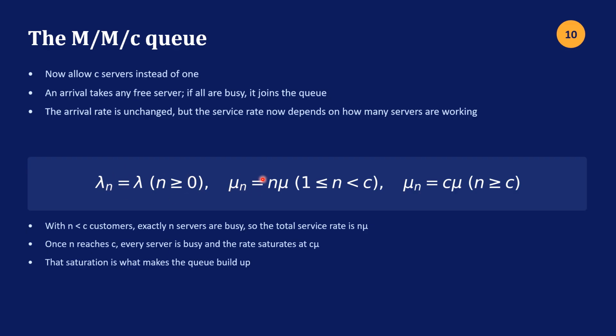The death rate, so to speak, is n times mu, when n is between 1 and less than c. And then, of course, when it's c or more, it's just c times mu, because you can't get any more processing beyond the c servers that you have.